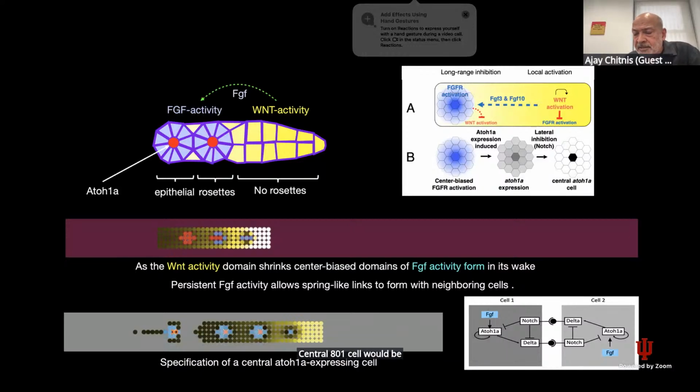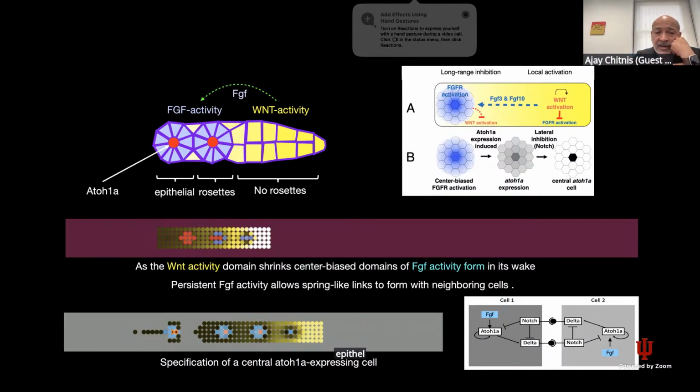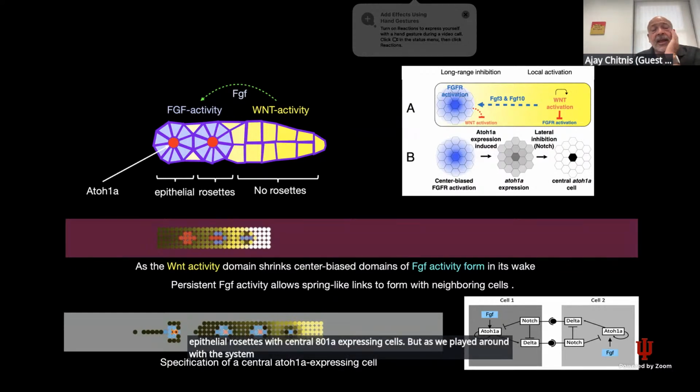So all this was great, and we were very happy with the framework that we had developed for understanding how these interactions between FGF and Wnt help to coordinate the periodic formation of these epithelial rosettes with central 801 expressing cells. But as we played around with the system, we came across a rather interesting observation.